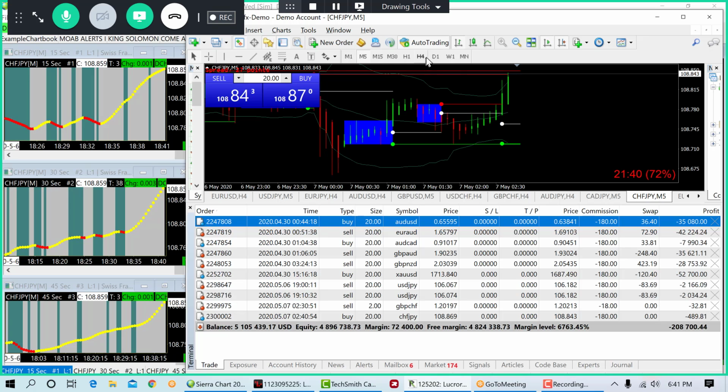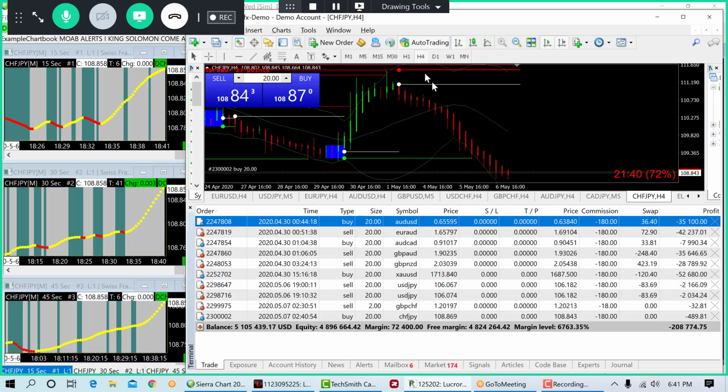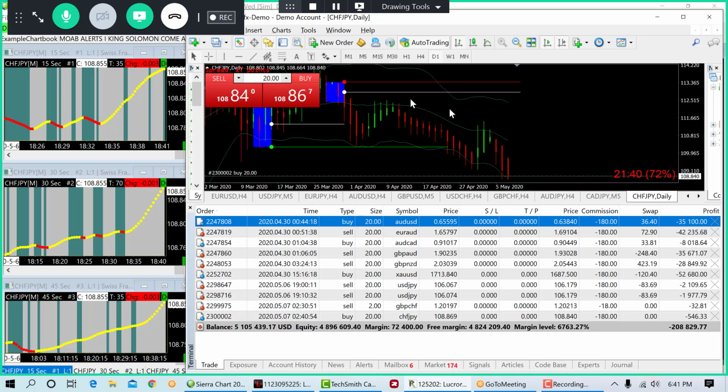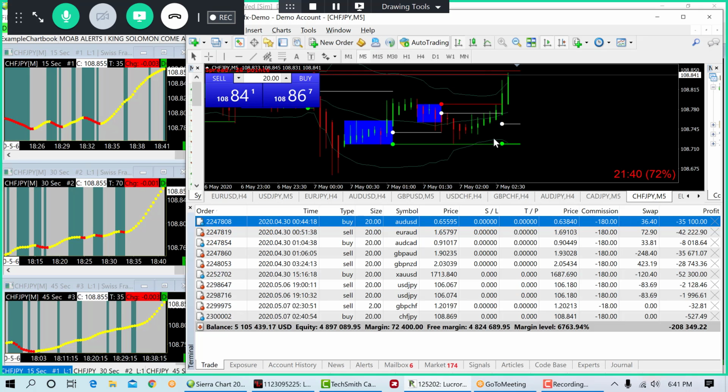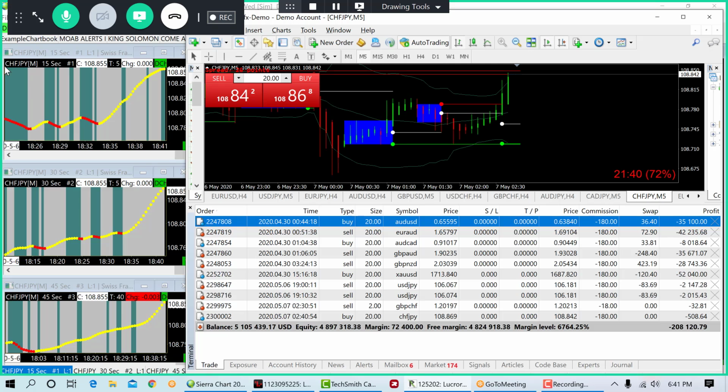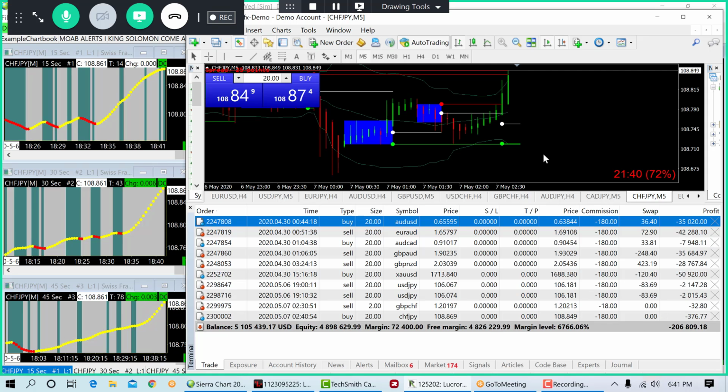I'm going to check something here. Okay, this is how you really check trend. We're actually going in a downward position on the 4-hour, even on the 1 day. So this is a very, very risky trade. And also, Swiss yen is considered more of an exotic trade, so the fees are very high, very high.